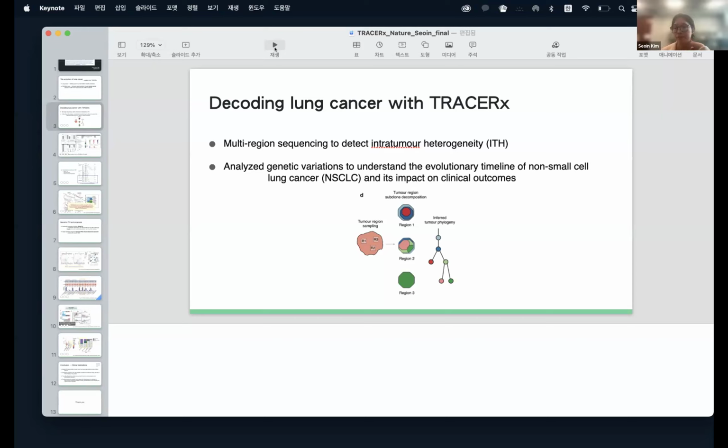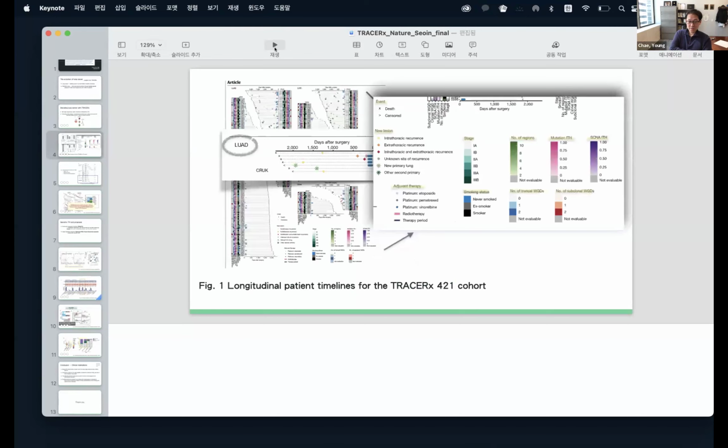Anyway, maybe you can read the one with phylogenetic tree analysis and present that paper next week. And then next slide, please. Next one.